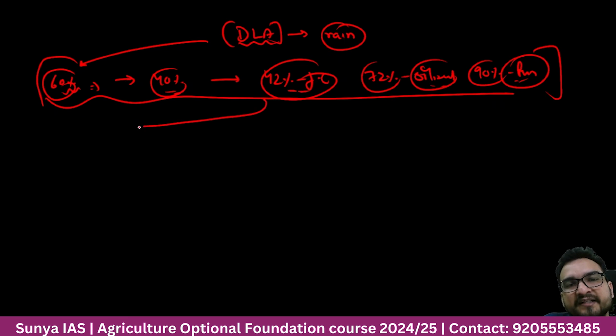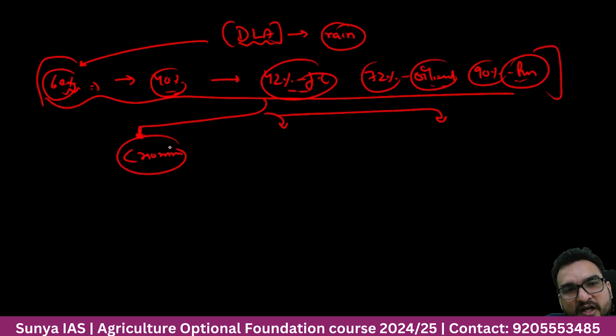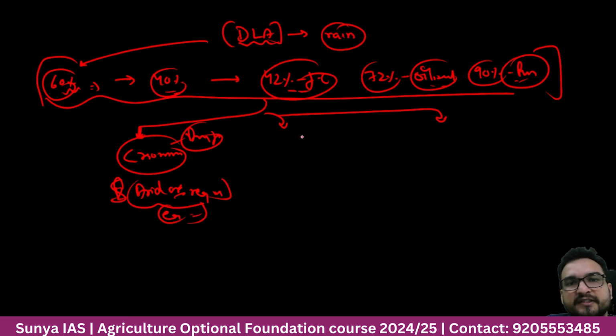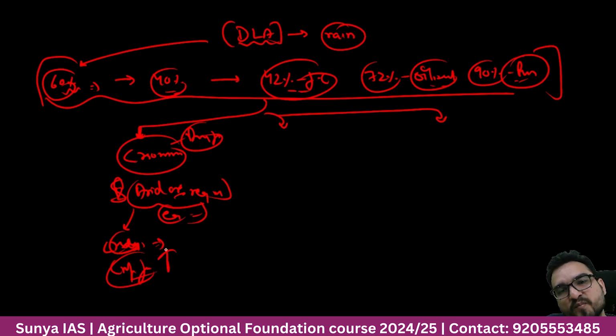Dryland agriculture area is academically divided into three categories. The areas where I am receiving less than 750 mm of rainfall, I call them dry farming areas. Basically, these are arid regions, and you can give the example of Western Rajasthan. Here crops with a growing season of 75 days or less are required. Crop failure chances are very high, and monocropping and mixed cropping is practiced.